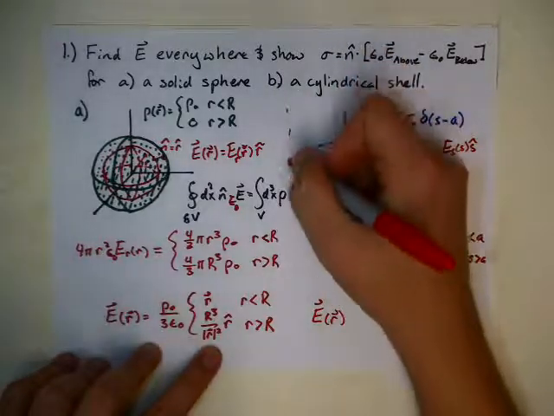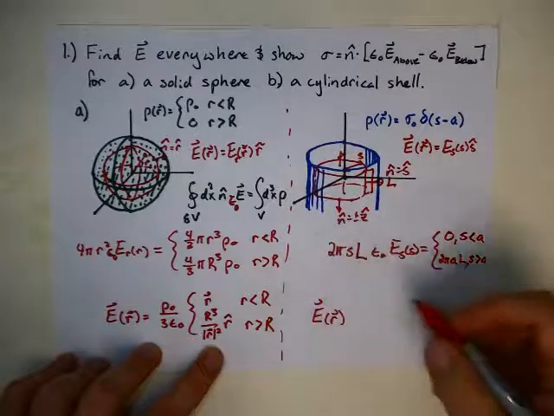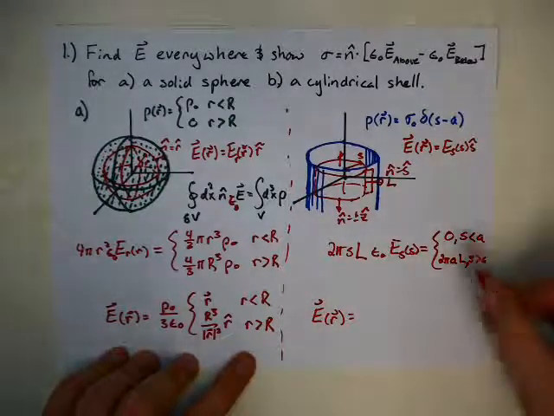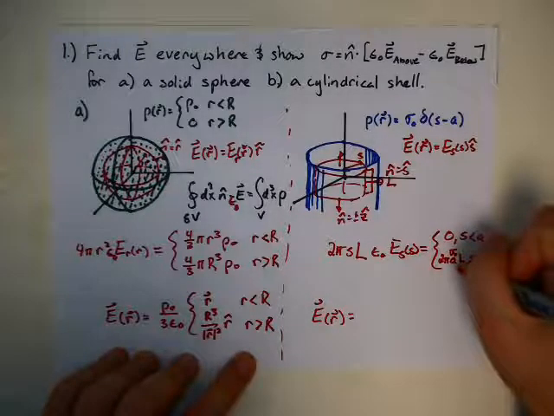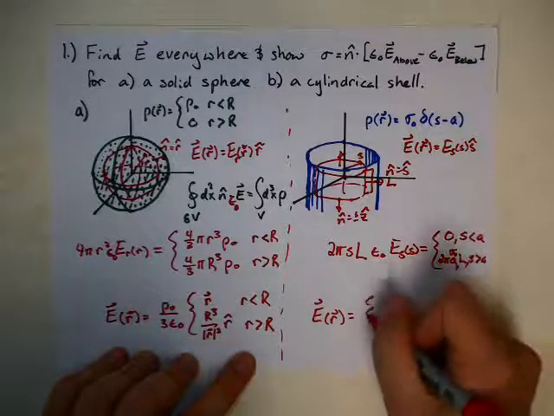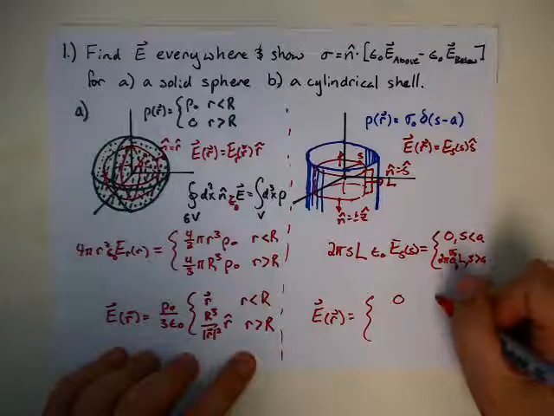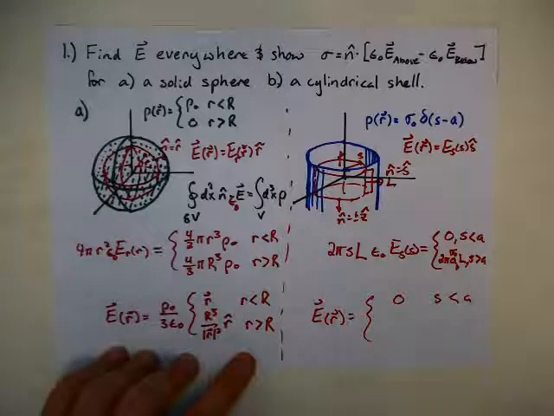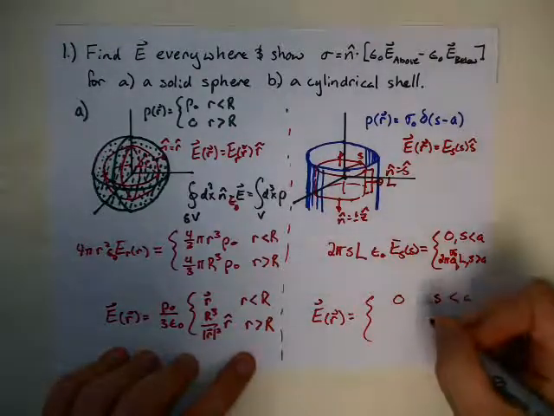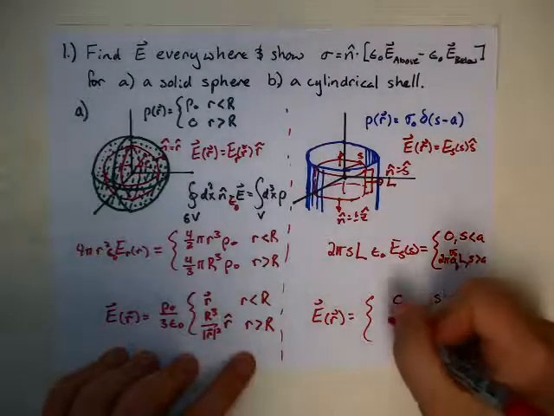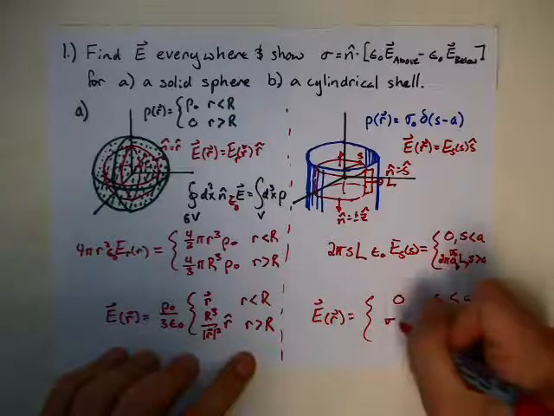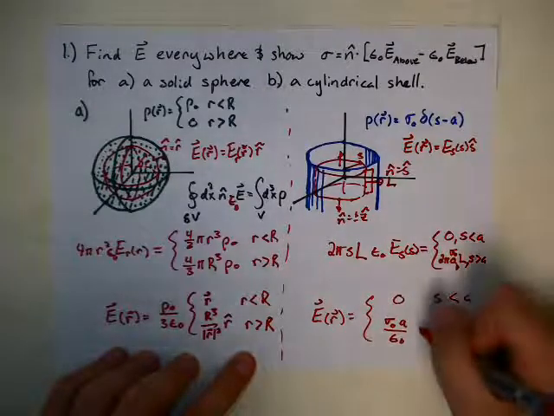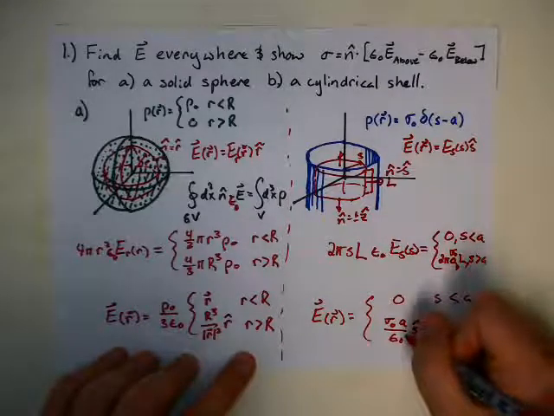Okay. Solving for the electric field, then, we get that the electric field as a function of r for the cylinder. So let's separate these two. The electric field for the cylinder is going to be, oops, I'm missing a sigma naught here. 0 for s less than a, and it's going to be sigma naught a over epsilon naught, s hat over s.